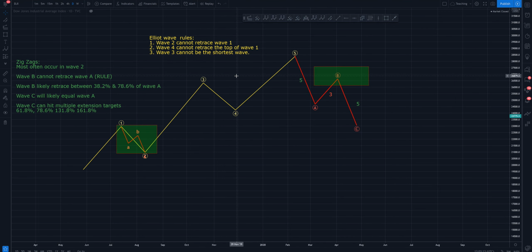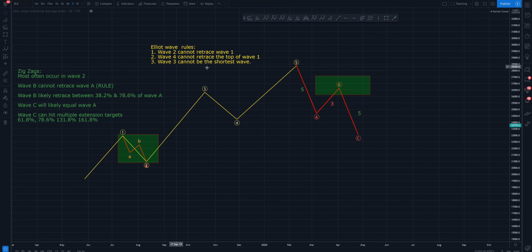Now, there's another reason why I've left our rules for impulse waves up here, and it's not just because the 5 waves here and the 5 waves here are impulse waves and therefore should observe these rules. It's also because the structure of an ABC zigzag looks very much like something else.